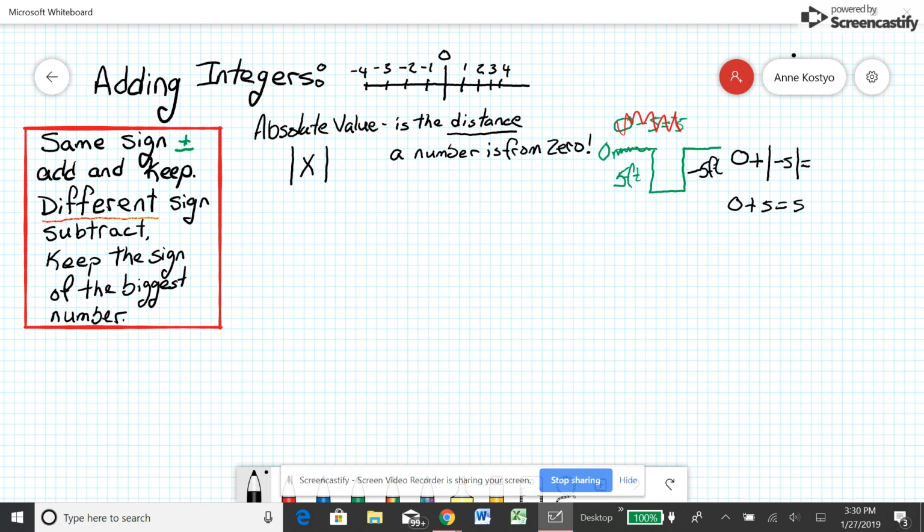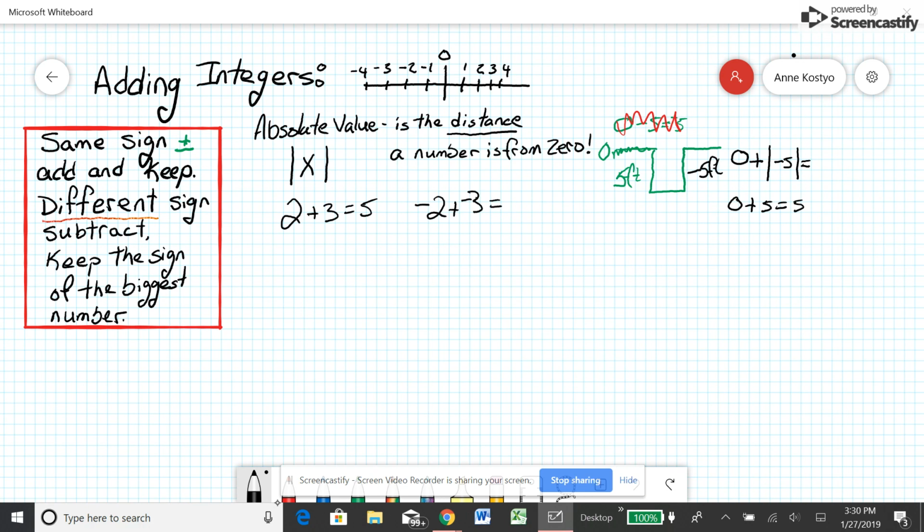So now let's get back to adding integers. I'm going to take a very simple addition problem. We know that 2 plus 3 is equal to 5. But what about -2 plus -3?